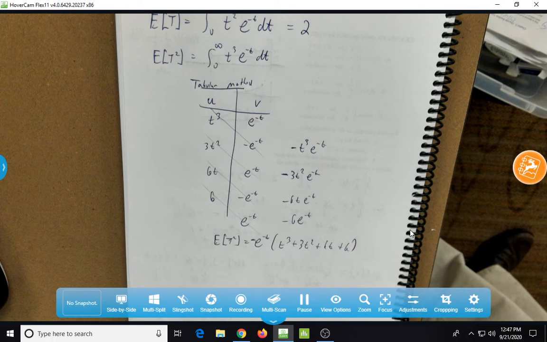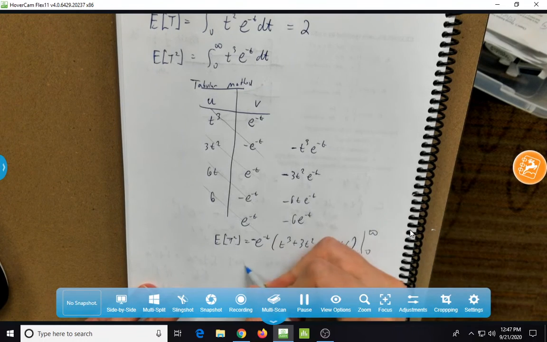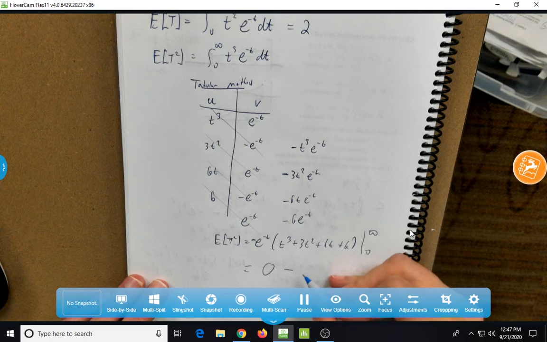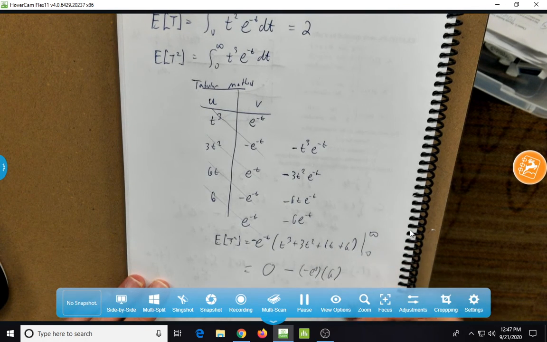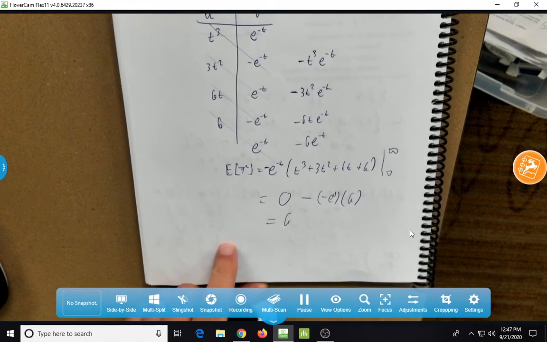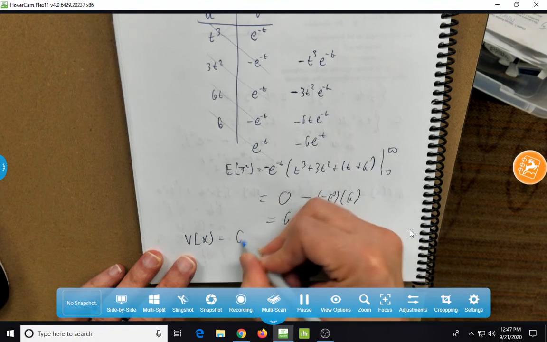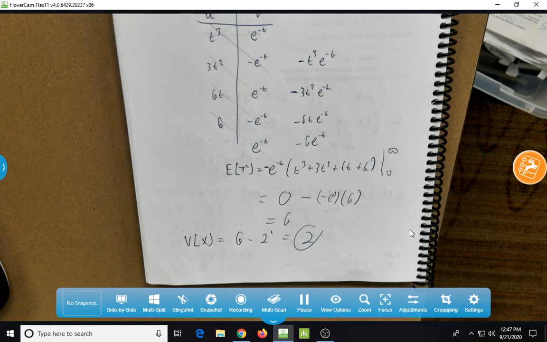Exponential or this polynomial growth? So this would be 0 minus, well, we put in e to the 0, which is 1, and we get 6. So 6 is this integral. And so the variance turns out to be 6 minus 2 squared, or just 2.